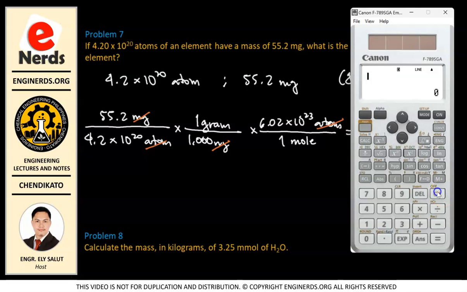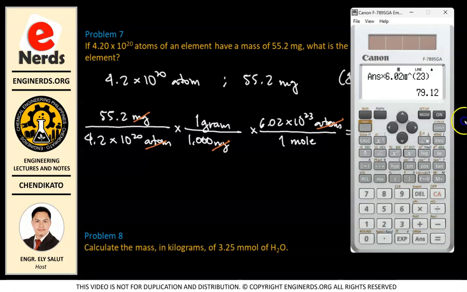Okay, so we have 55.2, then we'll divide that by 4.2 times 10 to the 20, and then I'm going to divide that again by 1000, and then I'm going to multiply that by the Avogadro's number, so times 6.02 times 10 to the 23.